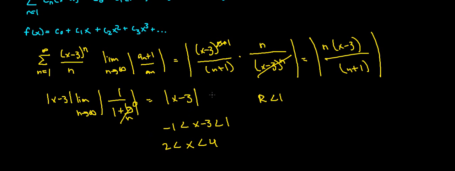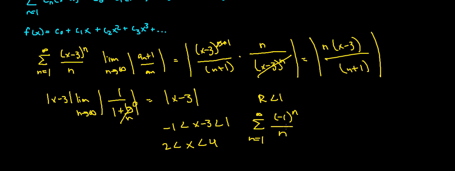And before I finish that, I'm going to test the actual values at 2 and 4. So I basically go back to this equation and I substitute in. I'll do 2 first. So this will be the sum, and I'm just putting in 2 here. So this will mean it will be minus 1 to the n over n.